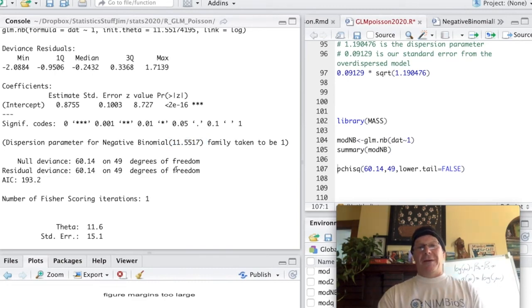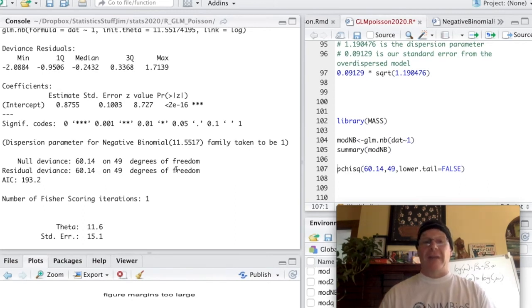This dispersion parameter is actually just a parameter within the probability mass function for a negative binomial, which means that we are now getting a likelihood. And as such, we would have an AIC, so we could, if we wanted to, compare various models.